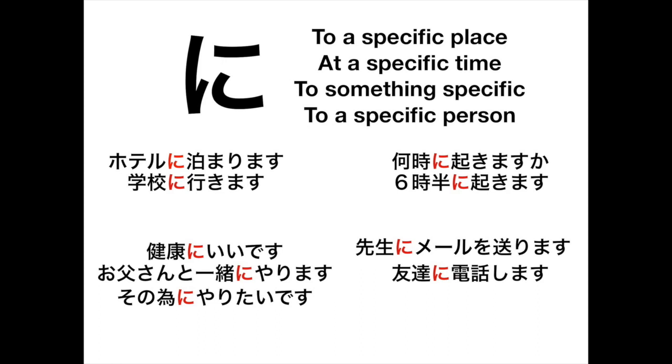And then the next one below that is 友達に電話します, which is I call my friend, which is a specific person. Okay, so although there's probably more usages for this ni radical, you can see that the pattern is specific. So if it's something specific, the chances are you might use ni.